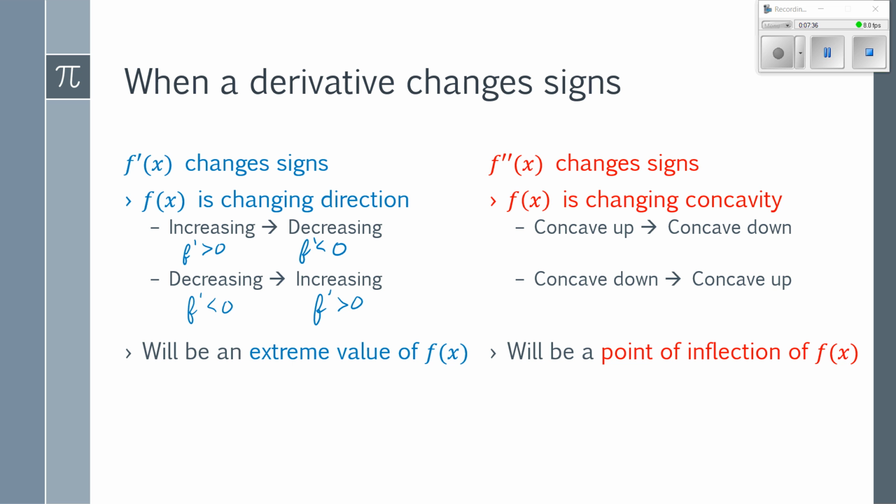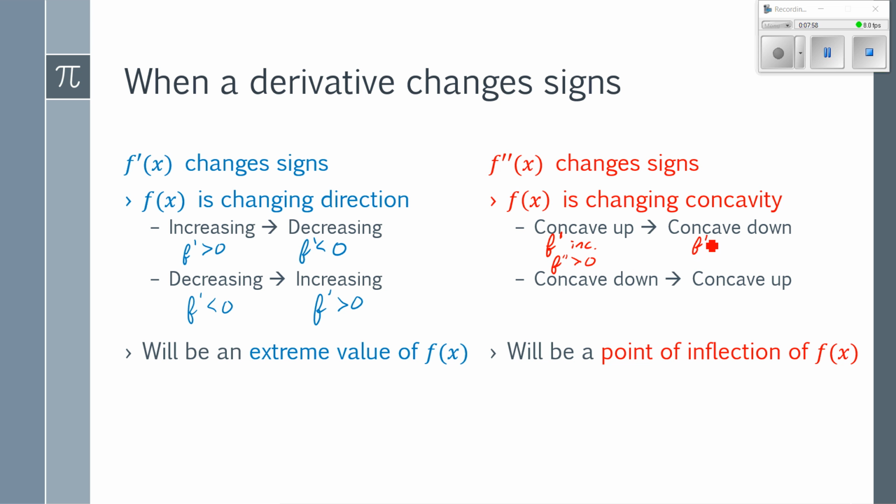If f double prime is changing signs, that means f's concavity is changing. So concave up to concave down would be me saying that concave up means f prime is increasing, which means f double prime is positive.